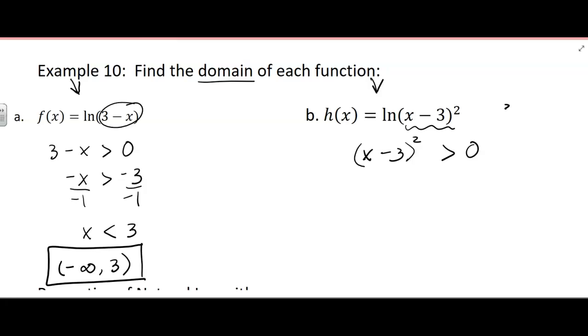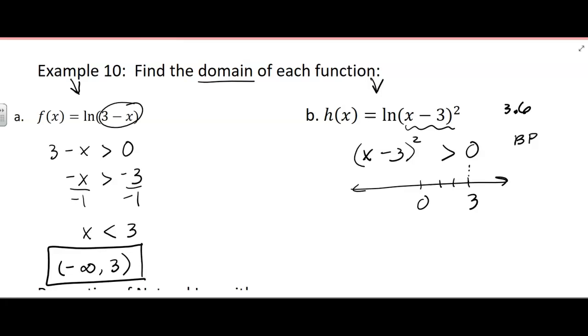So if you need to go back and look at 3.6, that's how you solve a polynomial inequality. But you might remember, you draw a number line and you find the boundary points. Well, in this case, there's only one boundary point at 3, and we can't include it. So we don't want to know where it equals 0. It's got to be greater than 0.